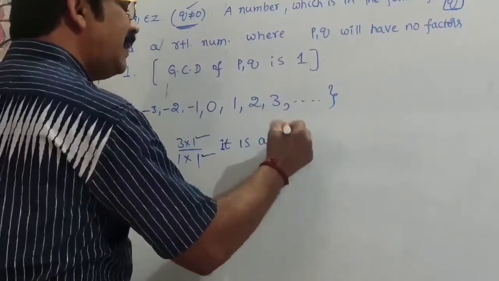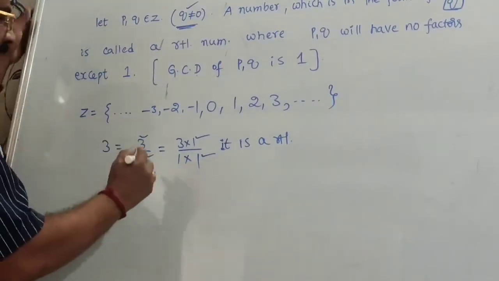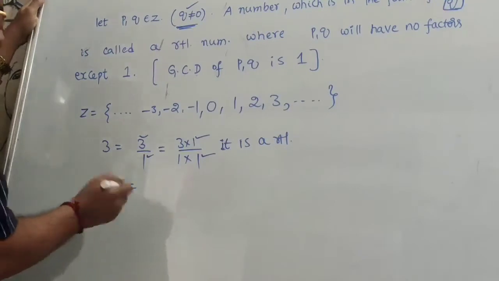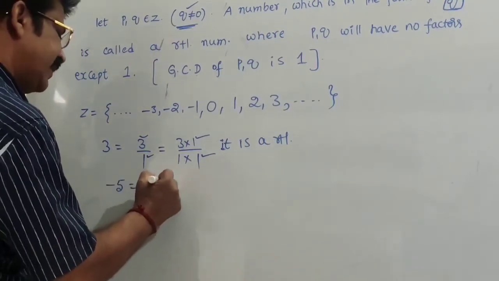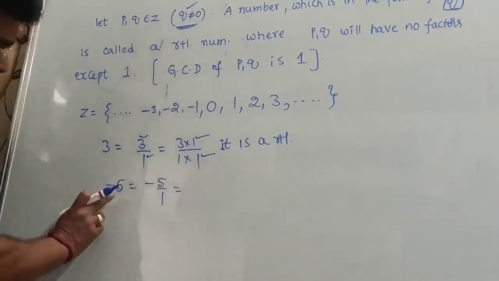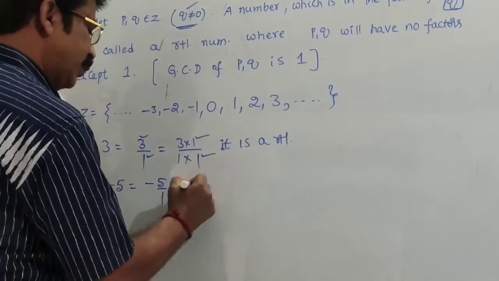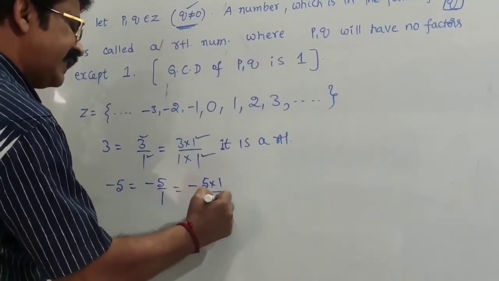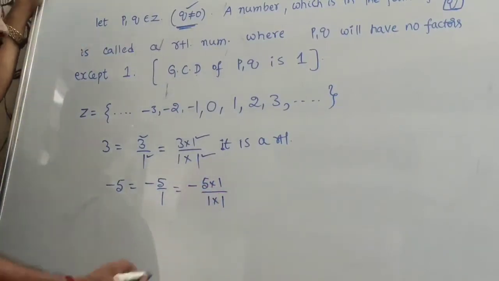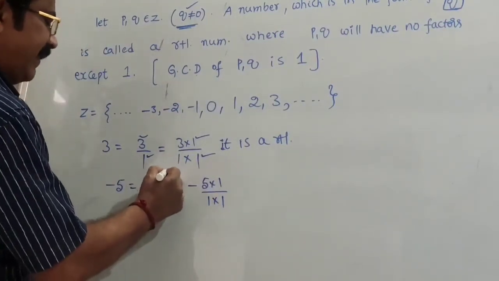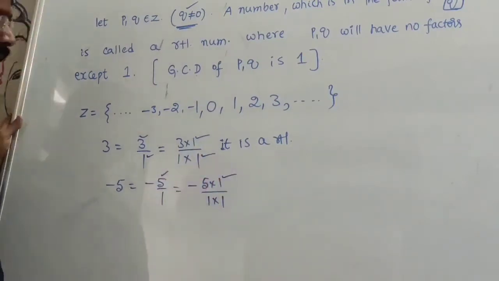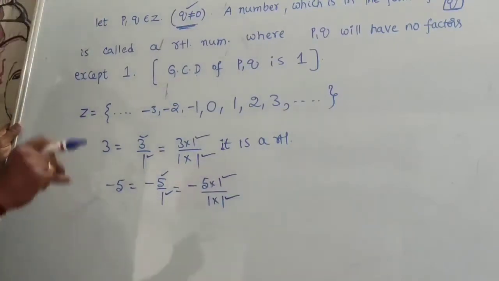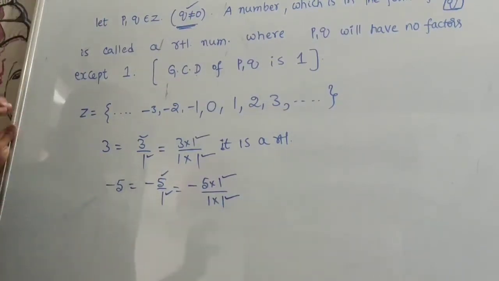a rational number. Similarly, let us take a negative integer, -5. So -5 is equal to -5 by 1. It can be written as -5 by 1. Numerator 5 will have only one factor, that is 1, and denominator 1 will have only one factor, that is 1, no other factors except 1.